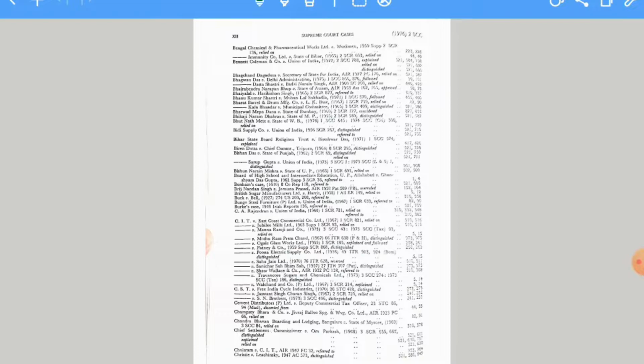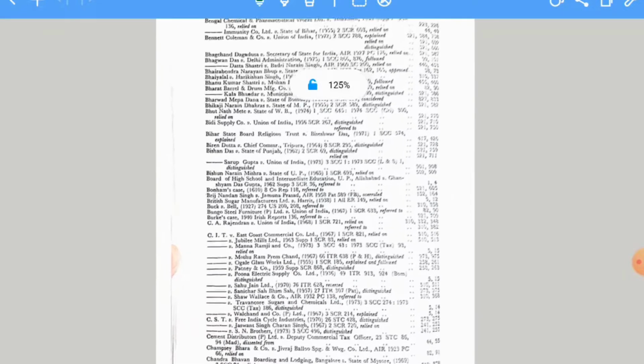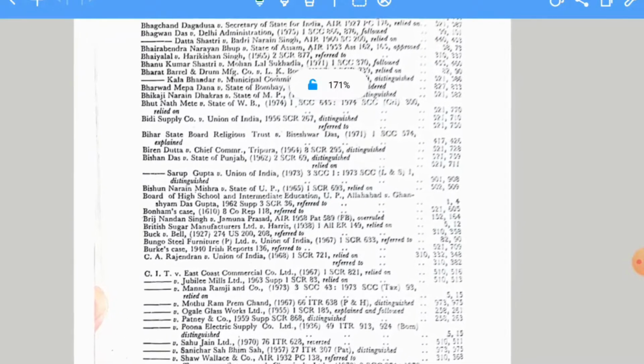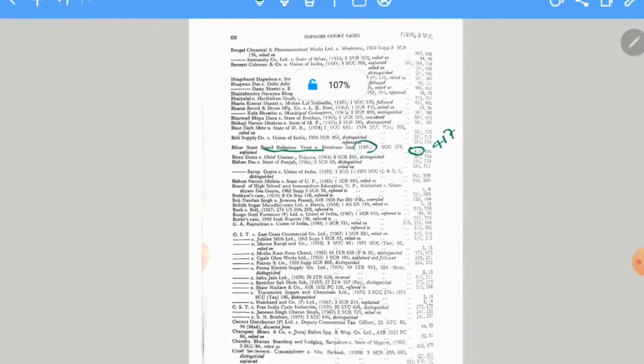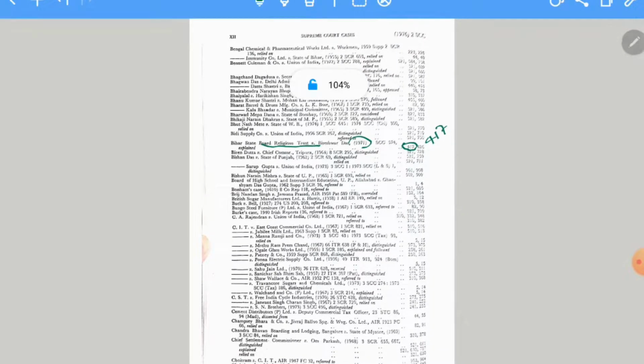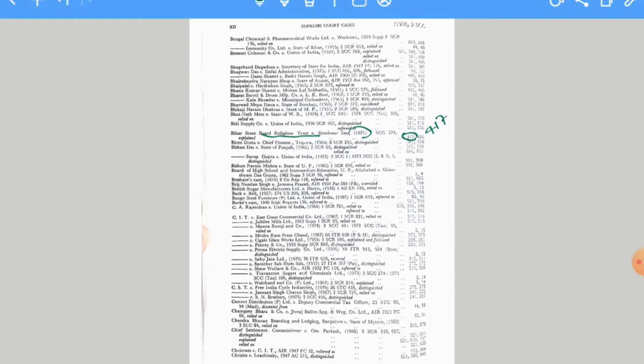You can also get the details about this. Just for another example, you can see Bihar State Board Religion Trust versus Visweswar Das, the judgment of 1971, has been cited on page number 417. So this is the way you can find the page number where this case has been cited by the Supreme Court in this journal of Supreme Court Cases.